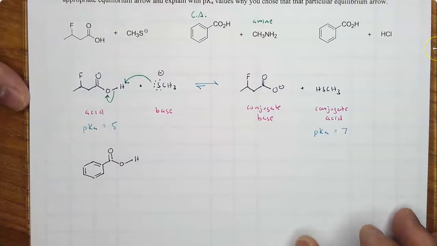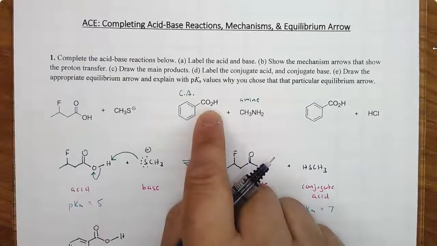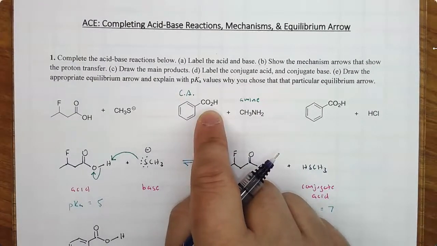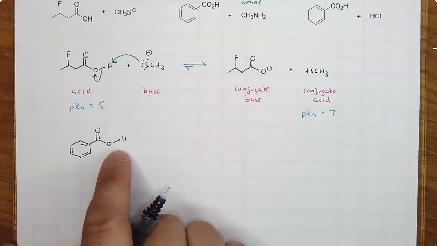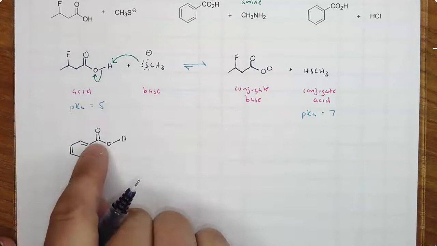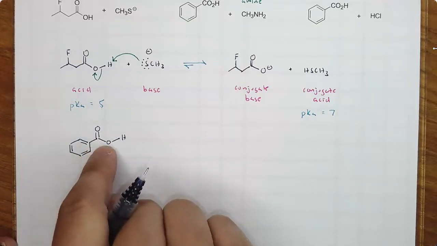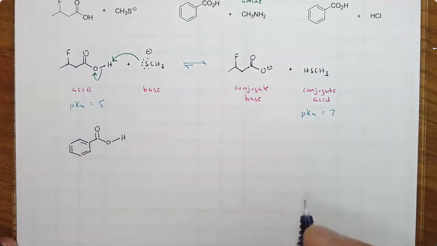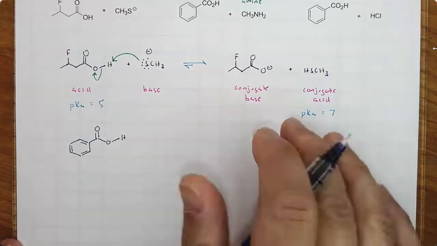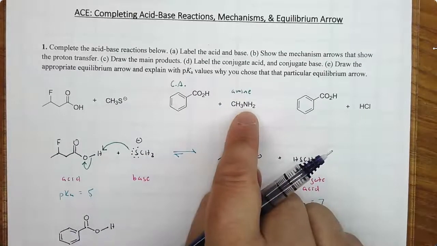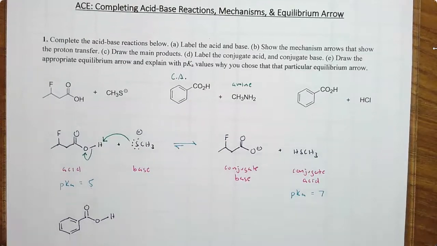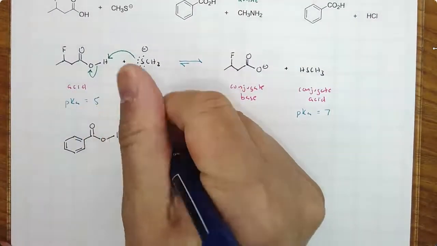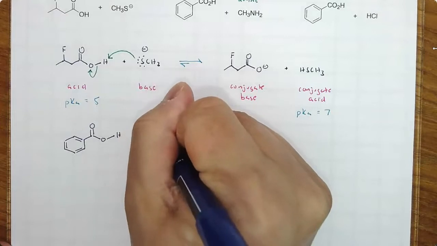So I wanted to start it off this way because here I use a condensed structure, but when you draw the mechanism, you got to see the bonds, and you might as well draw the rest of it so you can see how this is a carboxyl group. The amine, I'm going to flip because I want the nitrogen a little bit closer to the acidic proton. One way you could write that is H2NCH3.